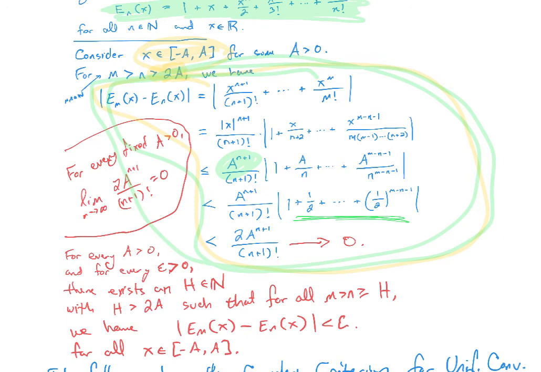Okay, I see. So if we don't bound the interval, then this isn't going to work out. In general, it's just a general idea that you can't hope for uniform convergence on the whole real line unless you've got a really silly sequence.